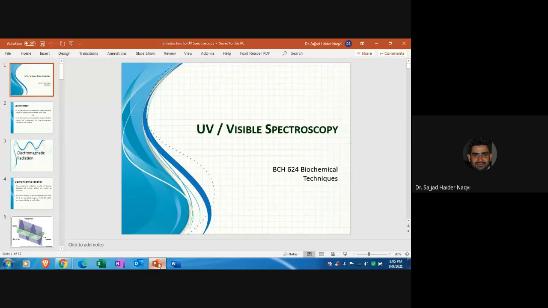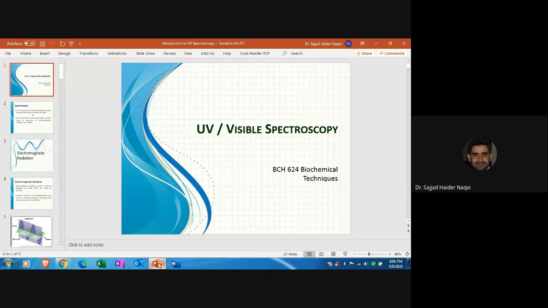The portion that we have been given in this biochemical technique 624 is about a technique which is one of the very basic and fundamental techniques we use in biochemical research. Not only biochemical research, but it's a very basic technique used in most of the disciplines associated with biological sciences.